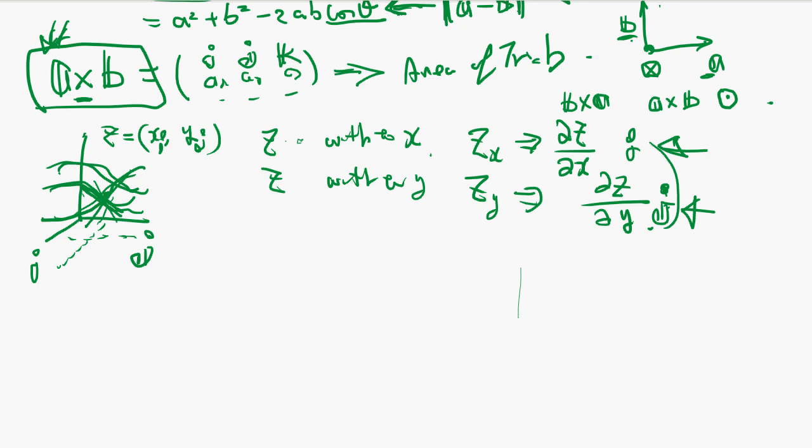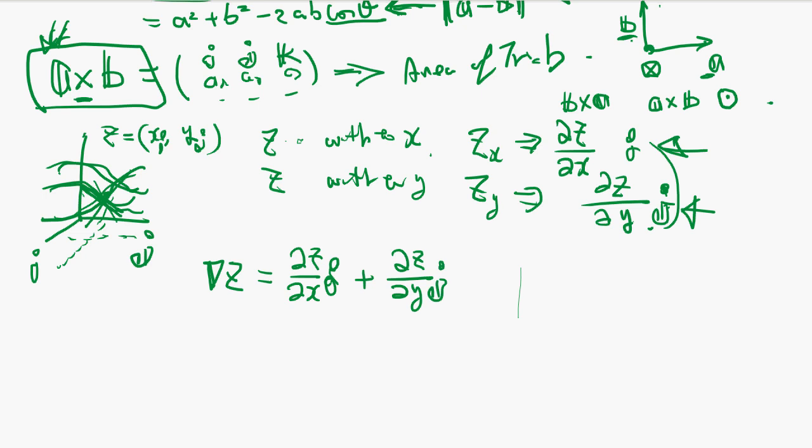That's what we use in physics, this notation. The slope of z is the slope in direction I plus the slope in direction J.